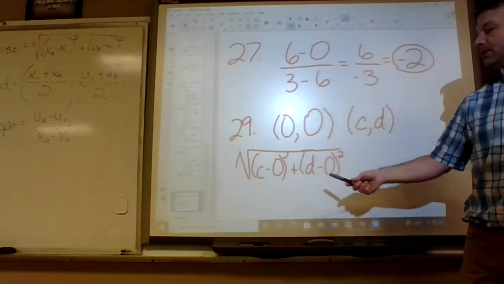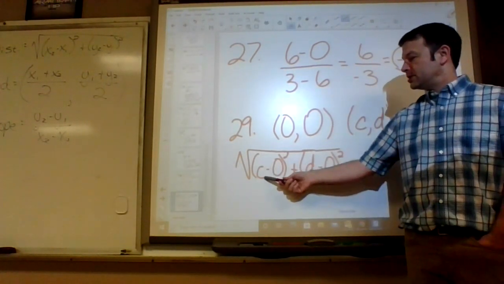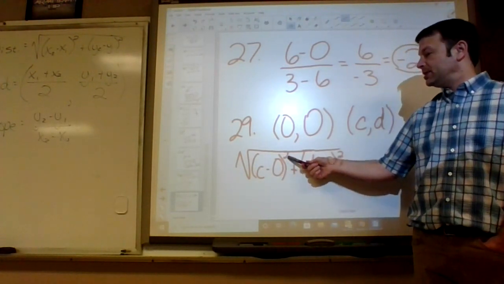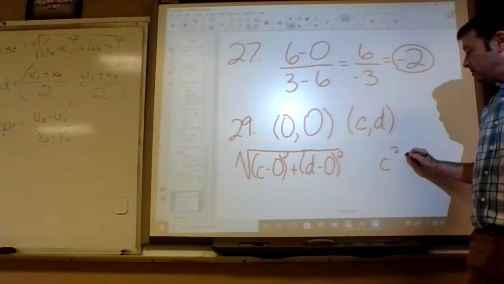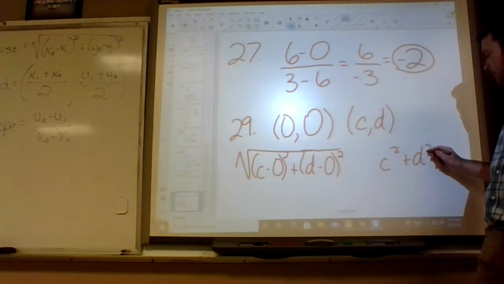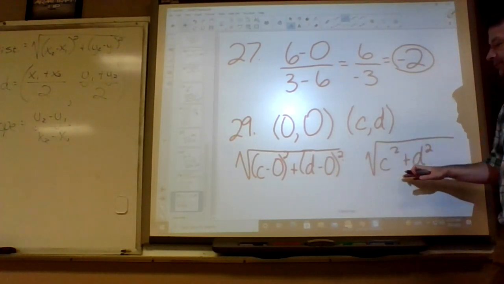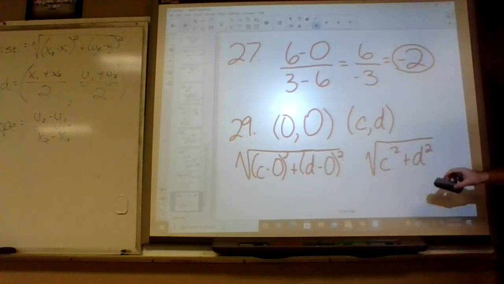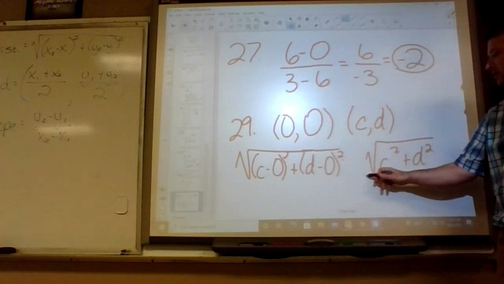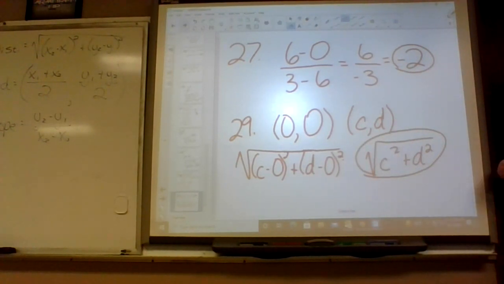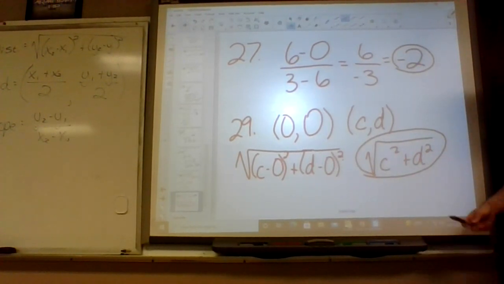C minus 0 is C. Minus 0 doesn't do anything. So C squared plus D minus 0 squared, D squared, and do the square root of all that. Can we simplify that? No, we cannot. So that is the first answer. Basically, it's the Pythagorean theorem, A squared plus B squared; I guess you could say C squared plus D squared equals E squared. That's why we do square root.